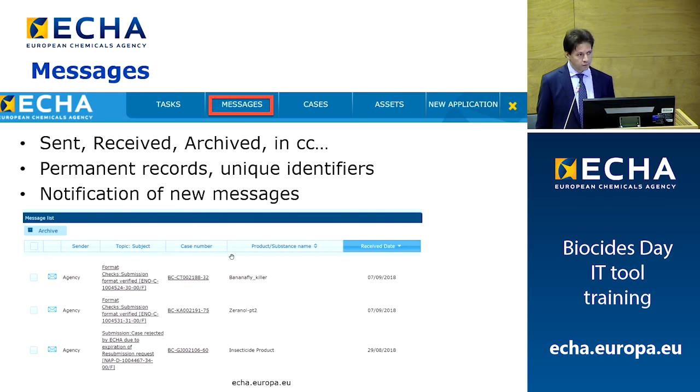They may require a reply from you, and then you would get a task in the task list that we just saw in R4BP3, or they just send you a message that doesn't require a reply. In that case, you will just see the message. In both situations, you will get an email notification to the inbox that you have used as a reference. And in both cases, they would have unique identifiers.